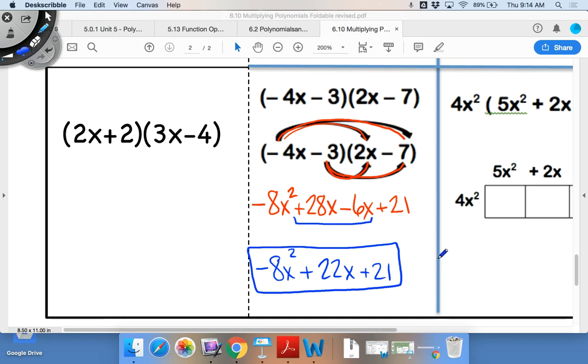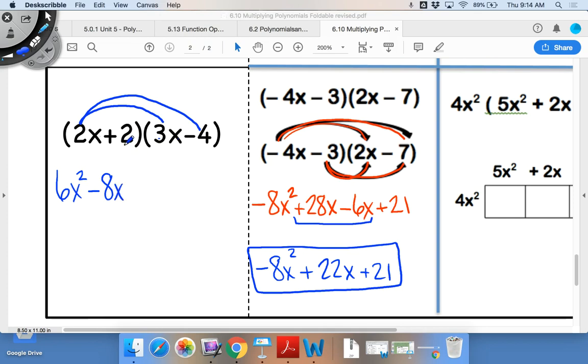All right, so now we have another example we're going to try together, this one on this tab. So it's a binomial times a binomial, so we're going to start with drawing our little helpful reminders. 2x times 3x would be 6x squared. Good. 2x times negative 4, so sometimes the negative signs get us, so positive 2 times a negative 4 would be negative 8x.